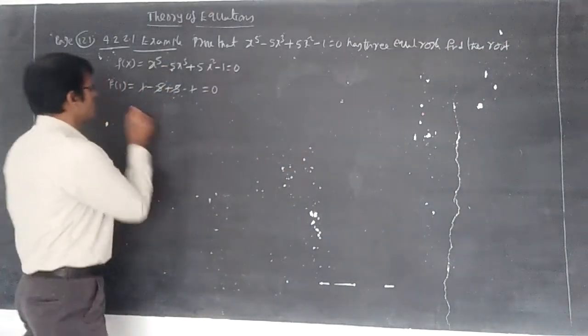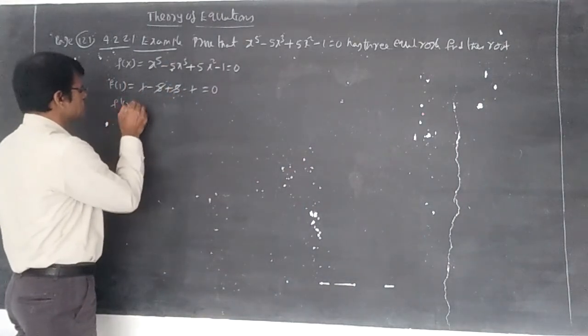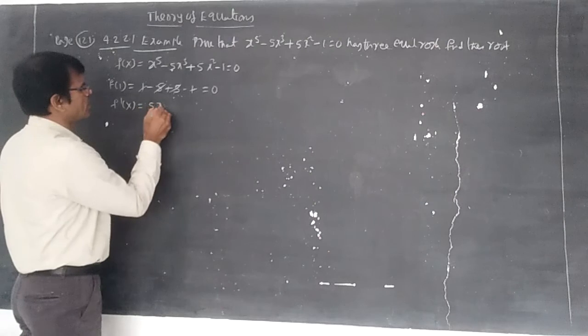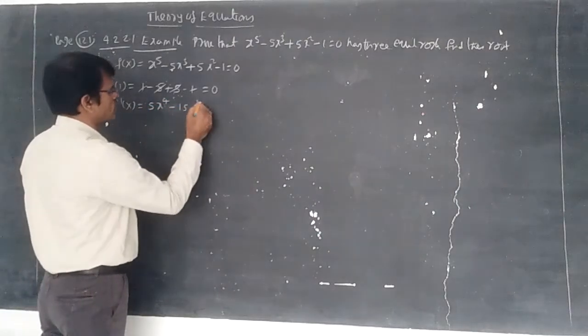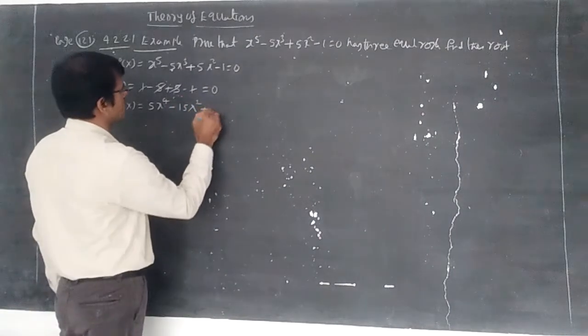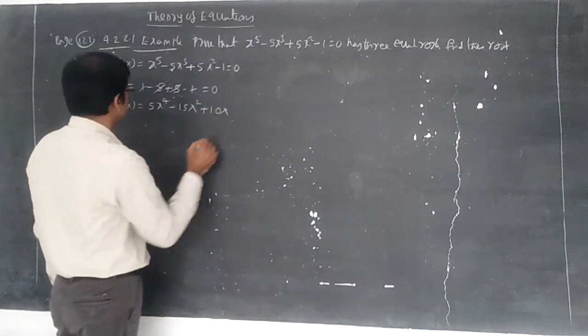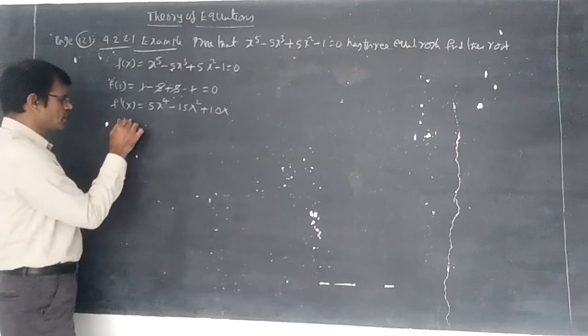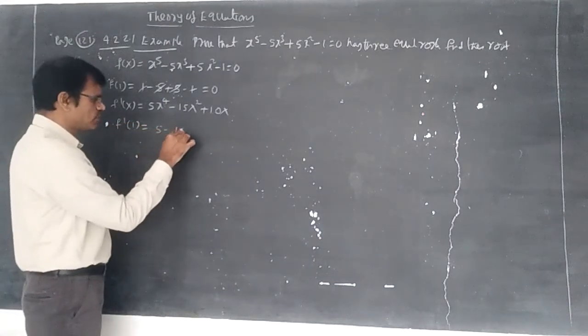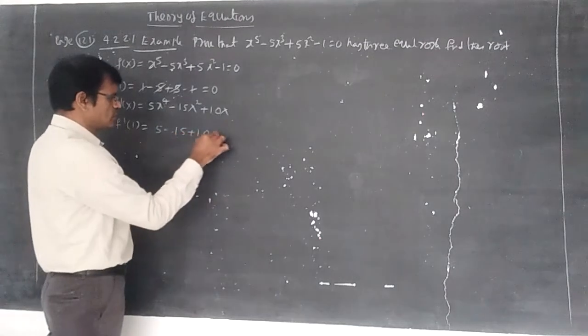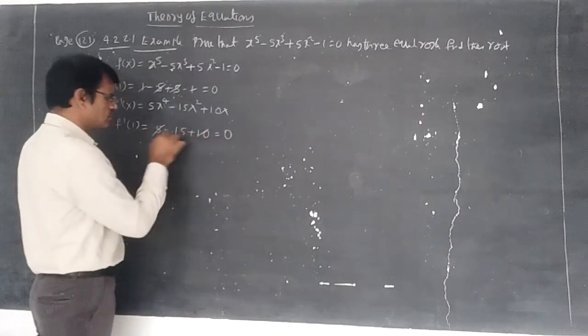Now we can calculate f dash x. The derivative is 5x power 4 minus 15x square plus 10x. Now put f dash 1: it is 5 minus 15 plus 10, so it is 0.